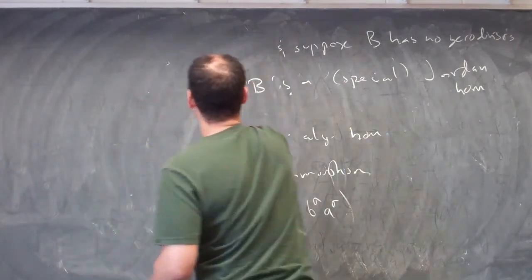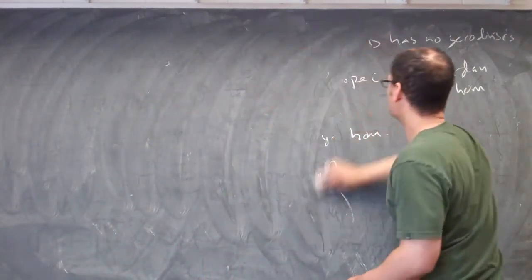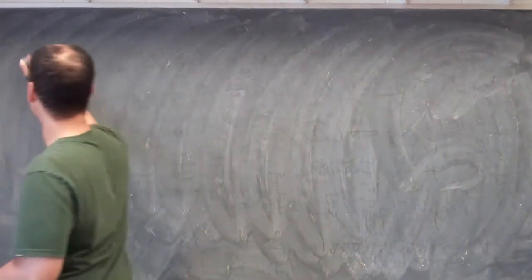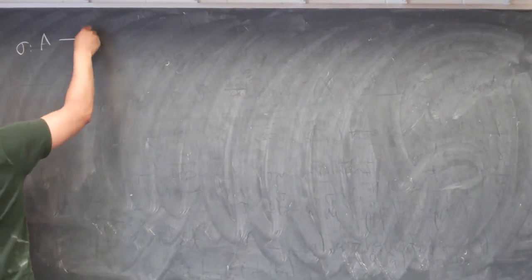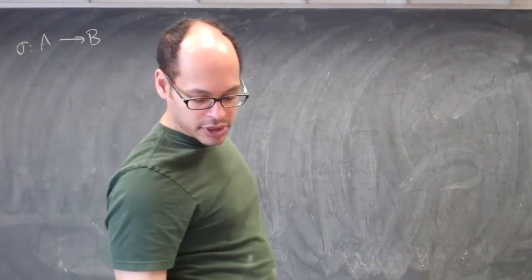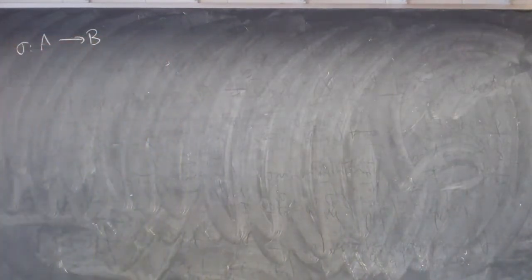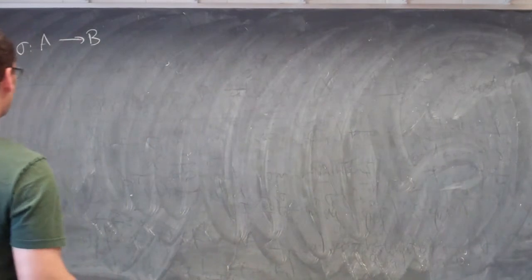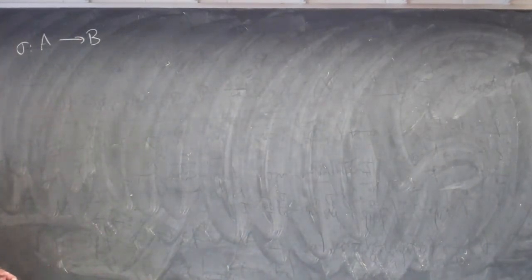So we want to suppose that we have some sigma from A to B, which is a special Jordan homomorphism. And the first thing that I'll do is give some identities that'll make things a little bit easier to think about.